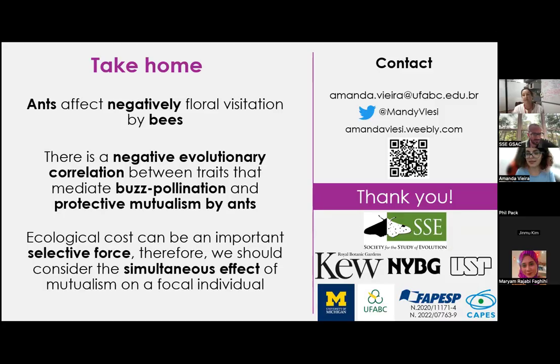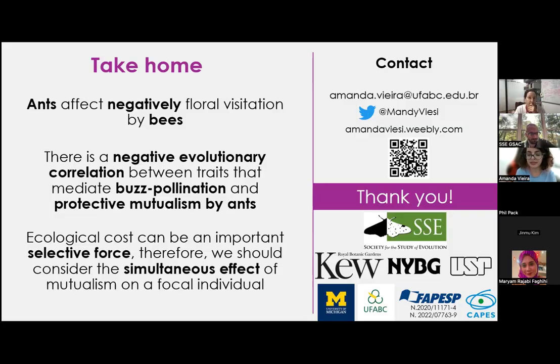One thing that is really cool about this system, these Chamaecrista flowers, not all of them, but some Chamaecrista species, is that they have a differential flower. They have a flower that has a C shape. Once the bee vibrates the anthers, some of the pollen stays on this C-shaped flower, and this pollen is available to other floral visitors that cannot vibrate the anthers.